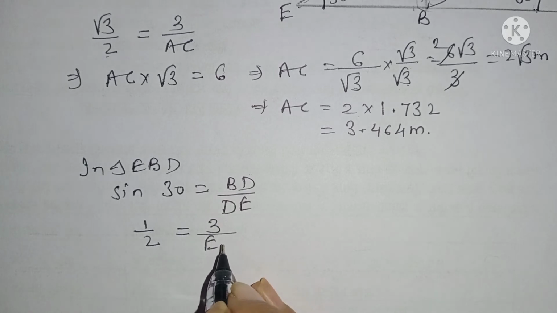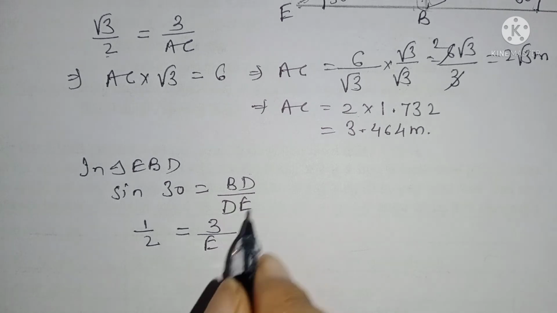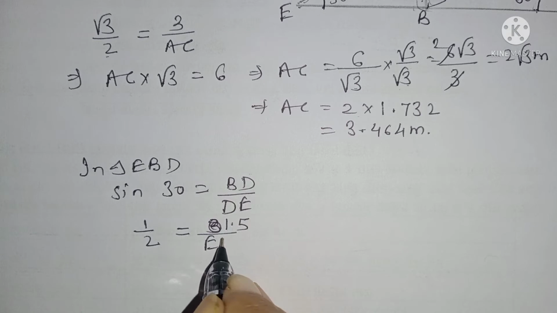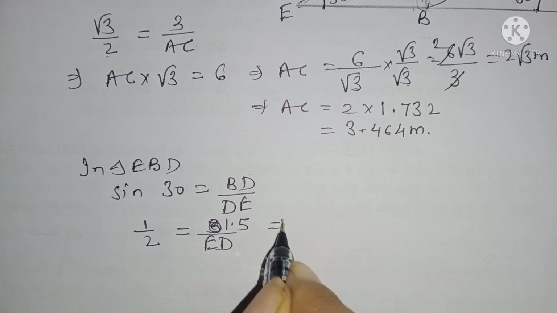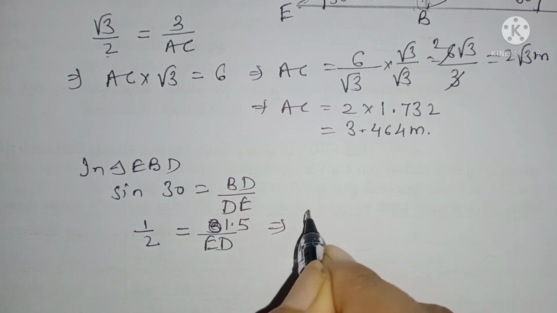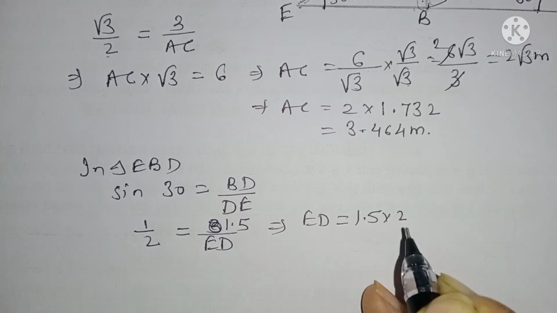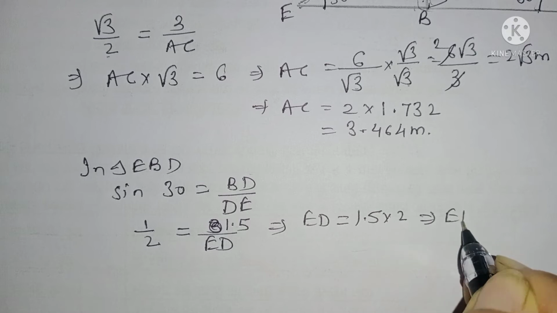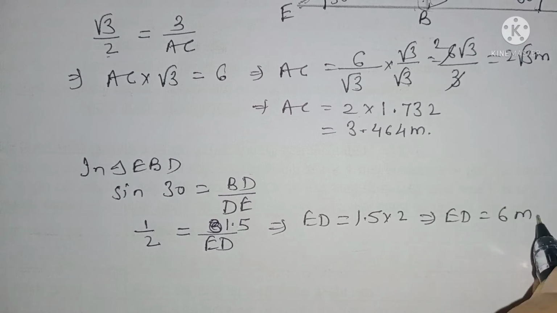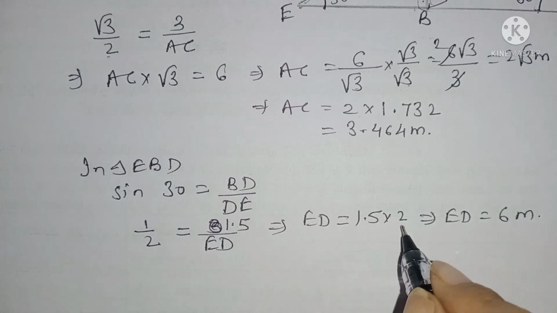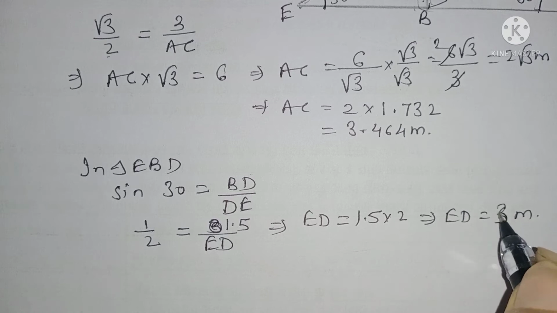Sorry, DB equal to 1.5. So by cross multiplication you can write ED is equal to 1.5 multiplied by 2. Sorry, 1.5 into 2 is equal to 3 meters.